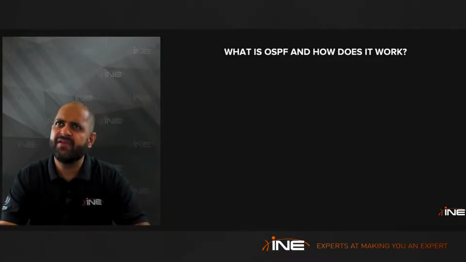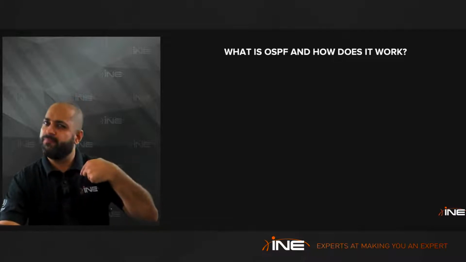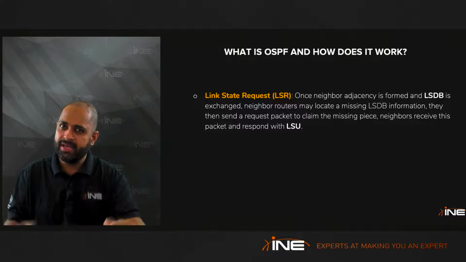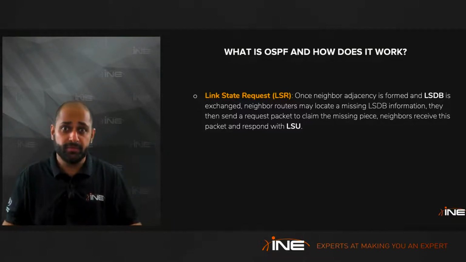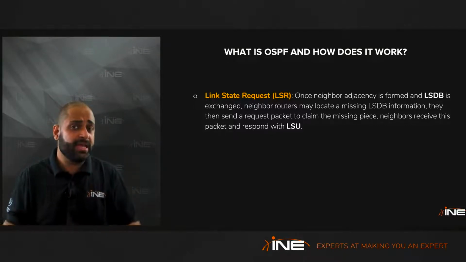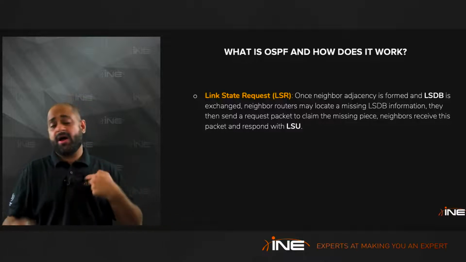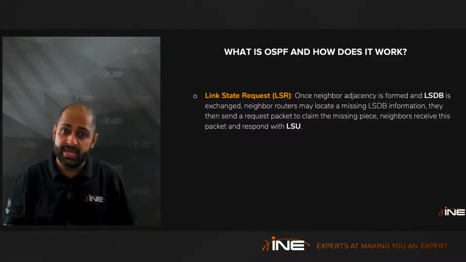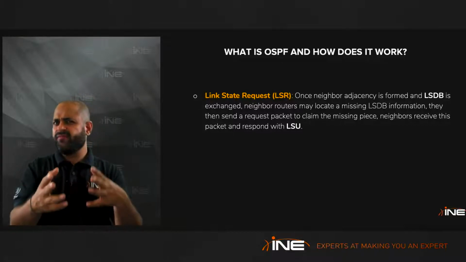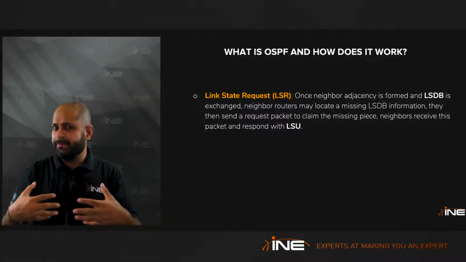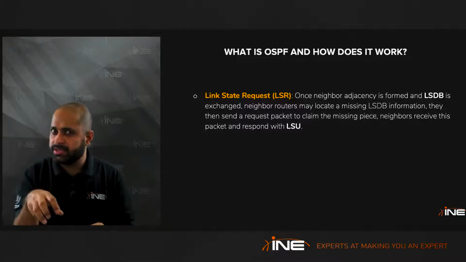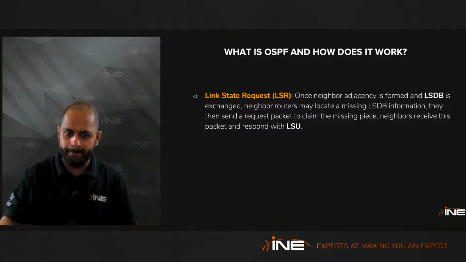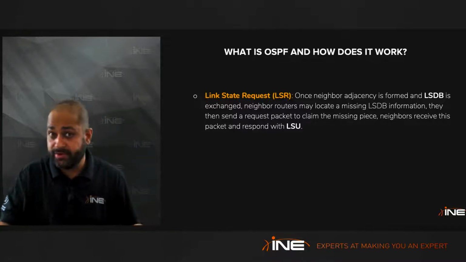Now, what happens if my database and your database are different? If it's different, it breaks the rule of OSPF. In that case, if my information is different, I am going to send you a link state request saying, hey, your information and my information is not the same. Maybe I'm missing some networks. So here is a request: can you send me your information? That's your link state request.